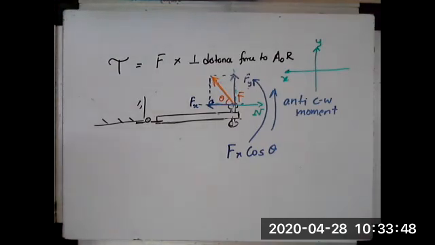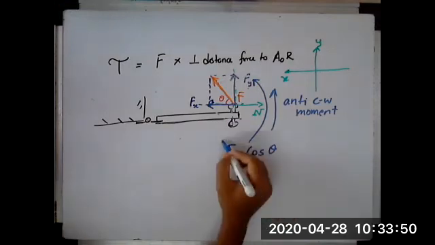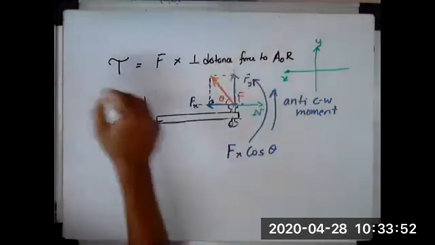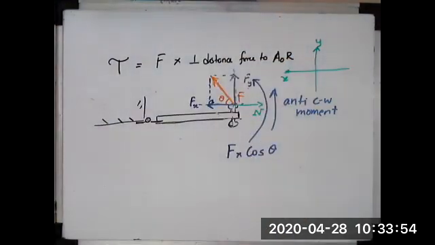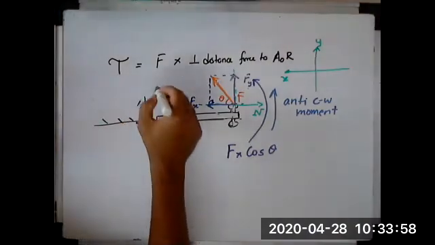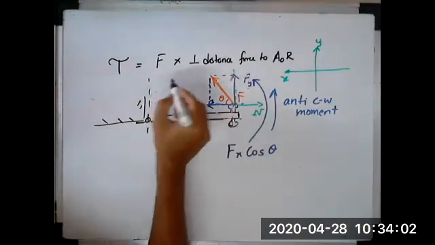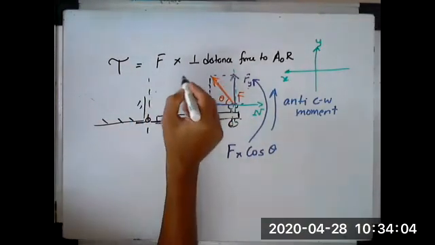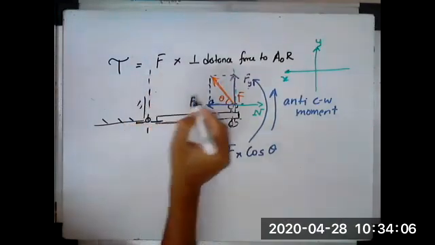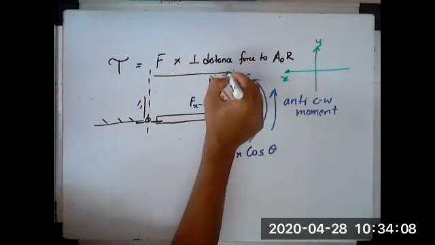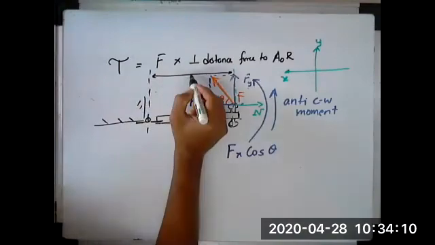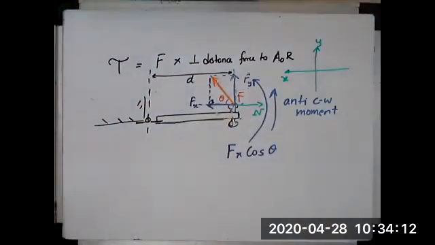Okay, so now what you can modify this equation into is, the distance of course remains the same. That's the beauty in this: the distance between the line of action of the force itself and the axis of rotation remains the same, so you don't need to tweak that.